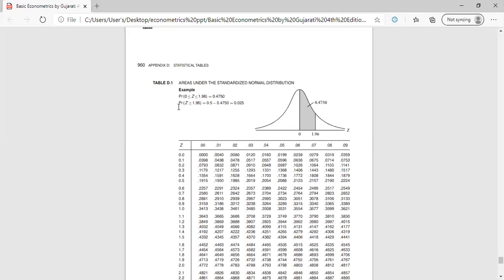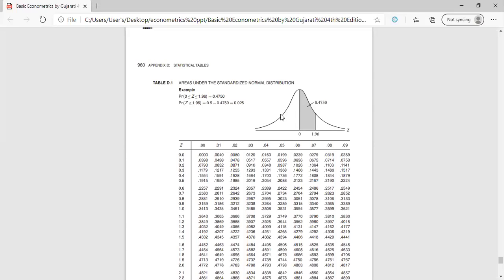Once you know the probability that Z is greater than 1.96, do you know the probability that Z is less than minus 1.96? Yes. See, I always draw a graph to know which area you are looking at.